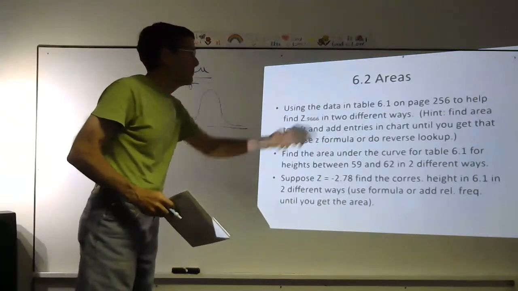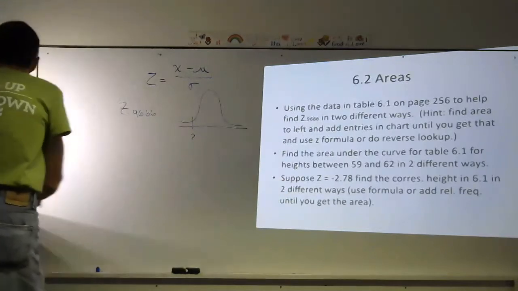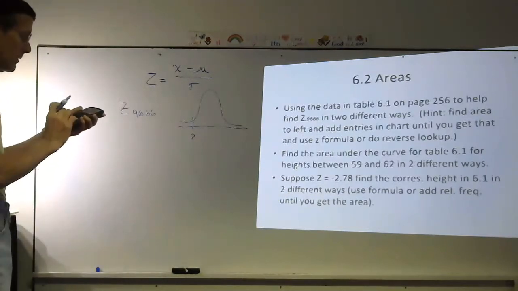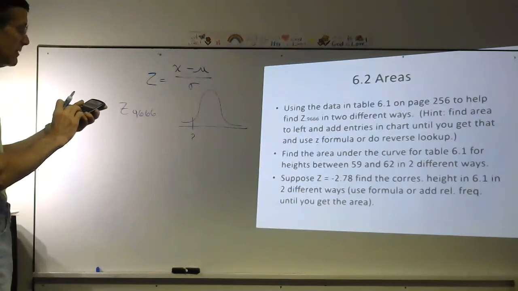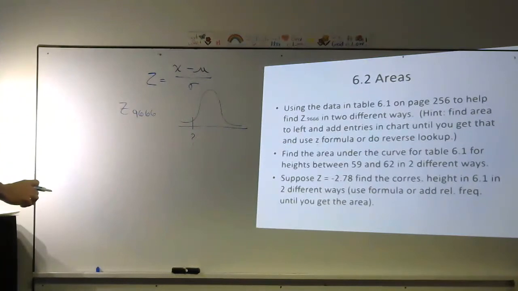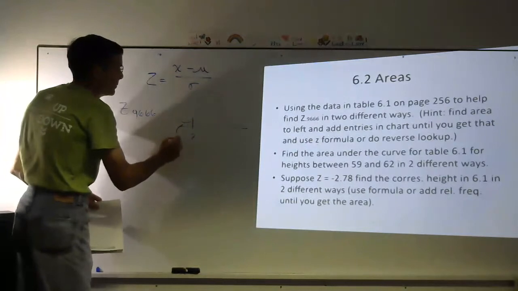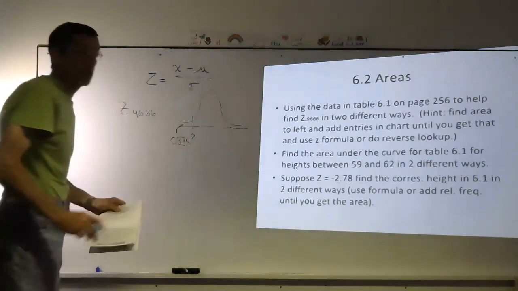For the z-value 0.9666, you can find the area to the left if you take 1 minus 0.9666, and I get an area of 0.0334 to the left. So this area right here is 0.0334.